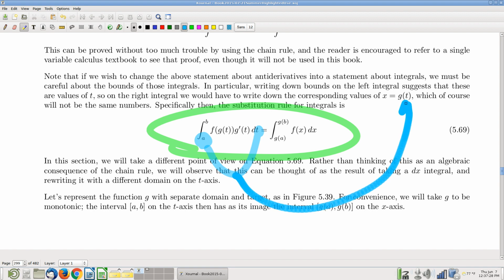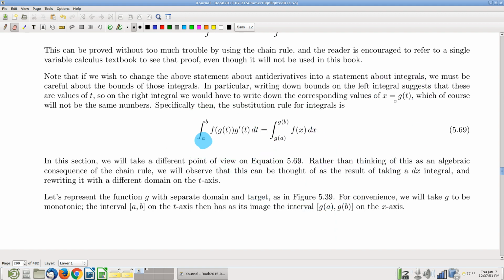So if t is equal to a, notice that means that x is g of a. When t is equal to a, plug that in, x becomes g of a. And that's one way to think of it. Okay. All right. So this is a version of change of variables.